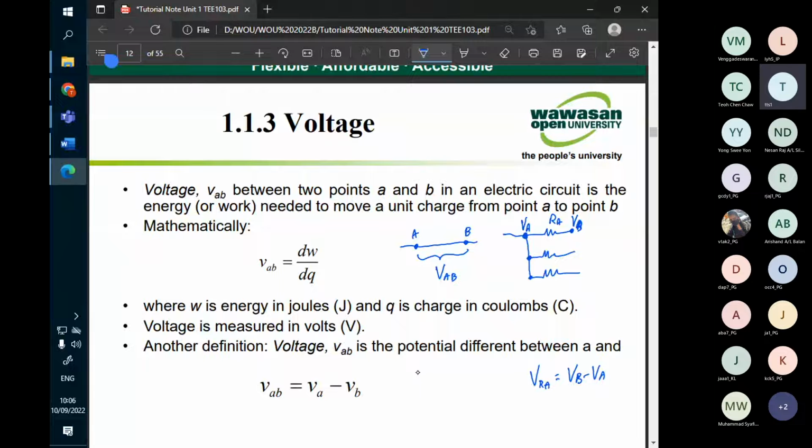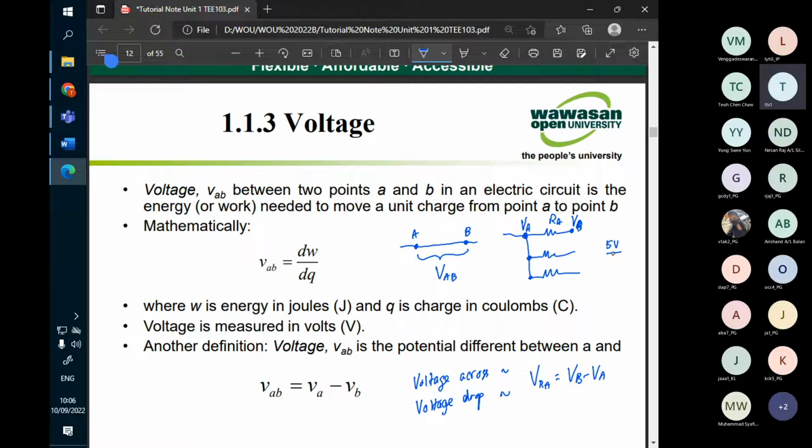Okay, so this is defined as a voltage across. Sometimes we use the word voltage across a certain thing here, or we say the voltage drop across a certain thing. For example, you have a voltage of 5 volt.